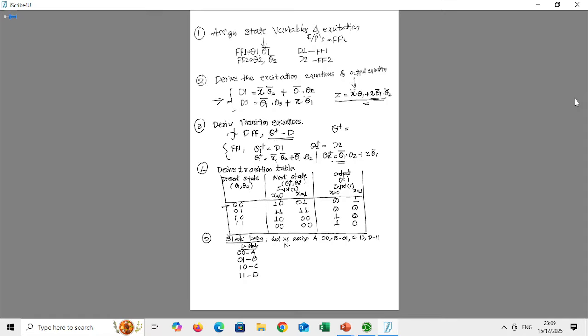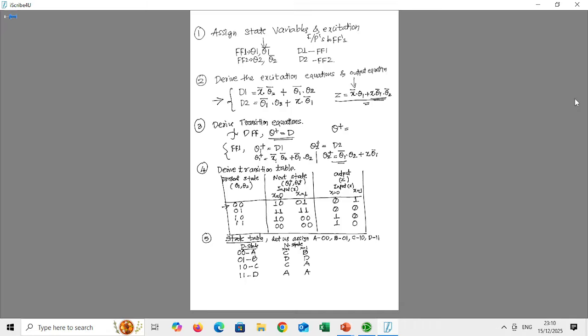This will be the next state with X equal to 0 and X equal to 1. So you know that 10 will be state C, and this will be B, 01 is B. Similarly, I can complete D, C, A, and this will be A and then A.